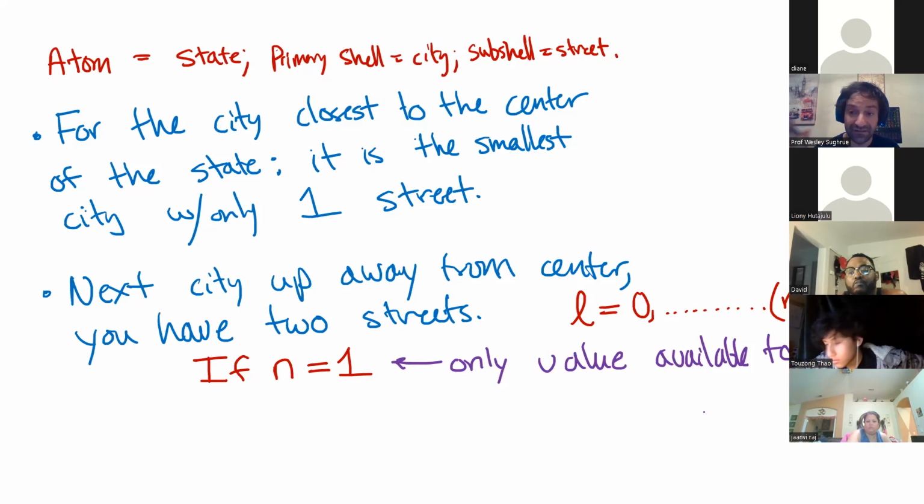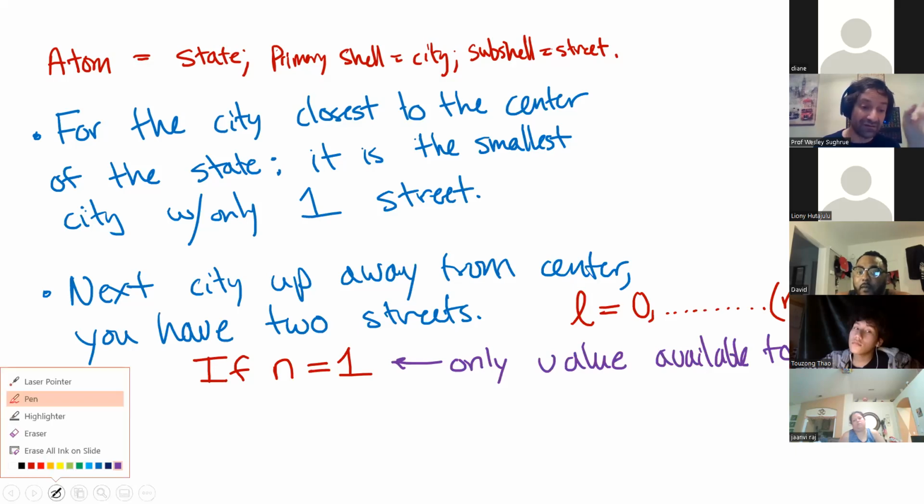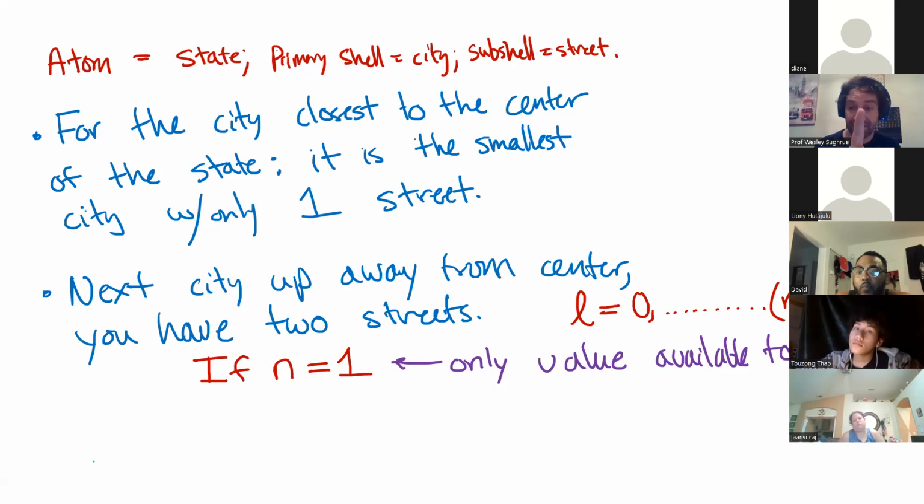That's your one street in that one horse town closest to the center of the state, the street known as 0. So if n was 5, then L could be 4, 3, 2, 1, 0. Don't forget 0. It can't be negative. No negative values here. There will be quantum numbers that can be negative, but here, none available. Okay, this is what I mean by quantization: specific discrete values that are defined, and you cannot assume any other values outside of those defined values.